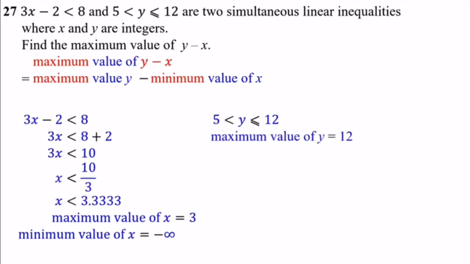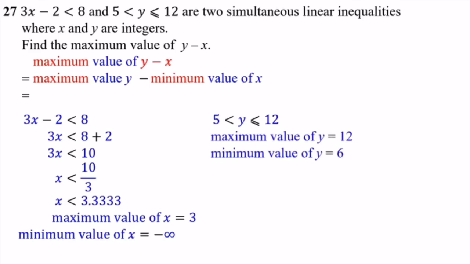So the maximum value of y is 12. And do you know the minimum value of y? It should be 6, isn't it? Because you cannot consider 5. 5 is not inclusive.